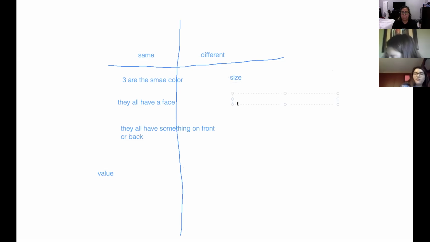What else? We said 3 are the same color. One of them is not the same? Right. So I think those are the major differences, the size and that one is a different color. Other than that, they all have a lot in common, right?